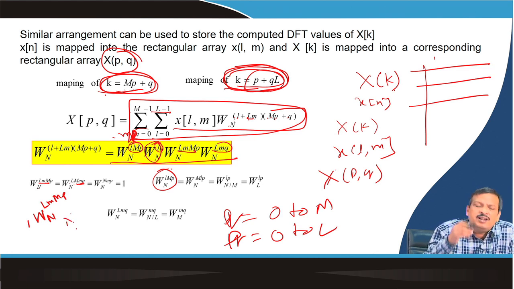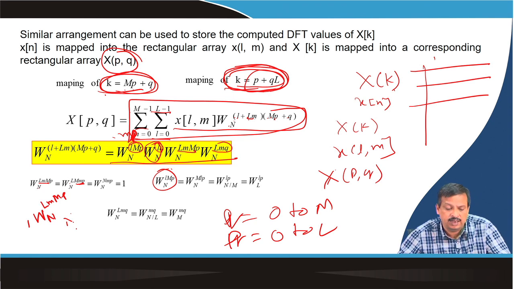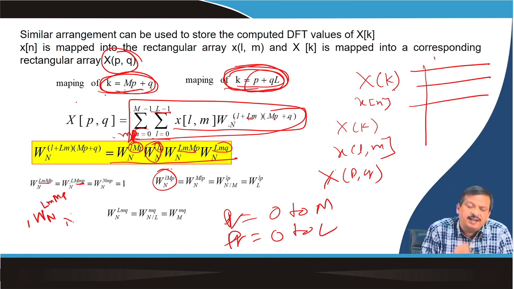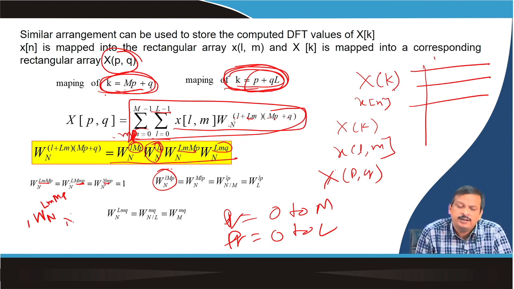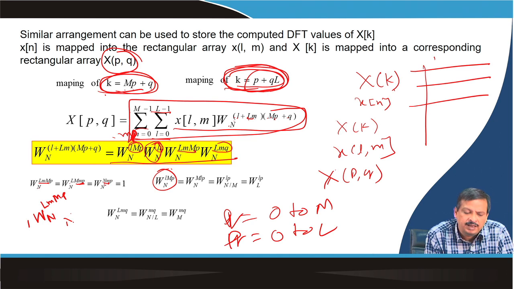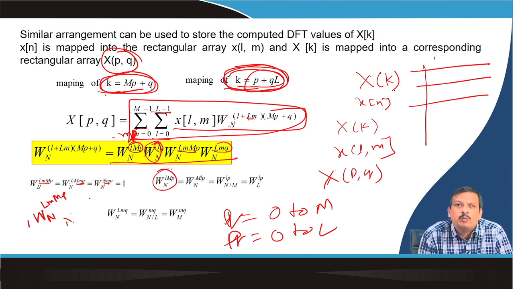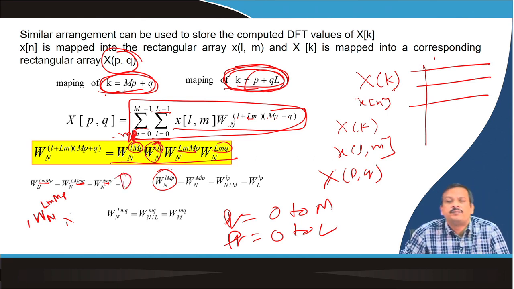So Wn to the power n Np is nothing but Mp. So it is small m and p. Small m and p both are integers. So Wn to the power any integer is nothing but 1.